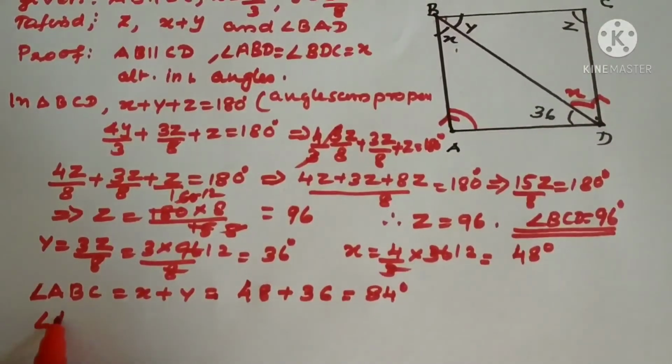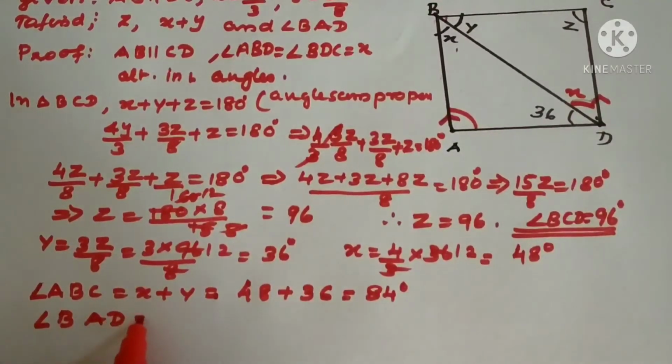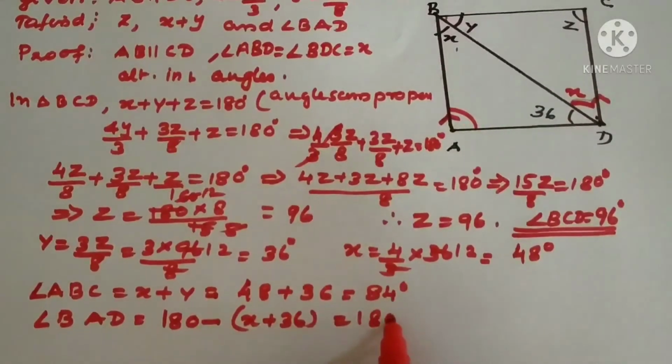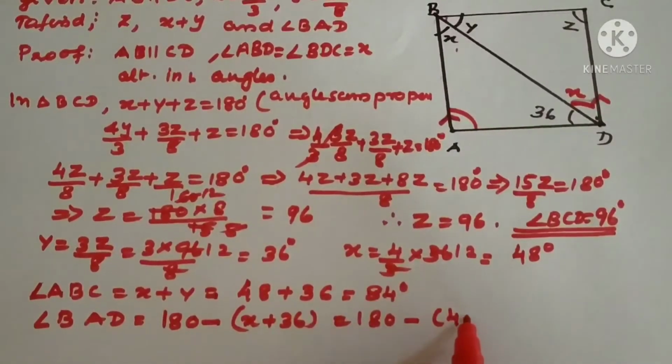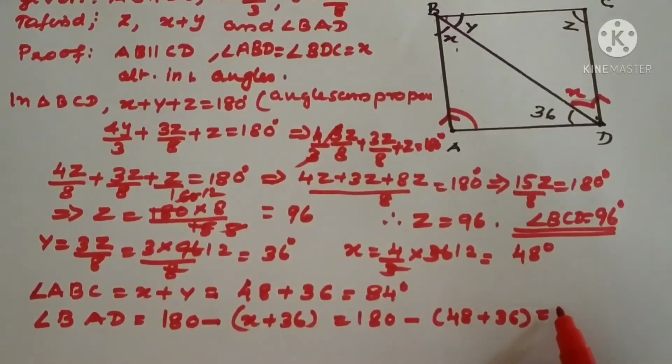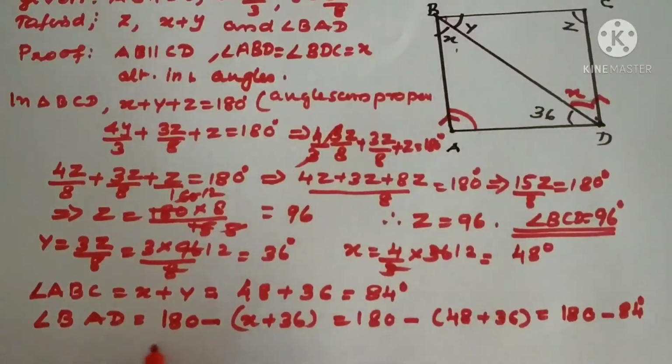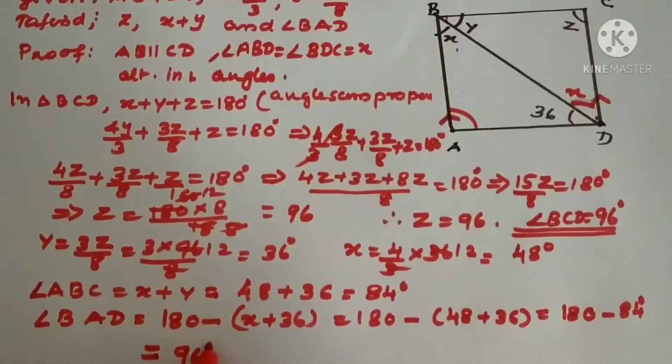Now angle BAD. Angle BAD means angle sum property we should apply. That means angle BAD equal to 180 minus x plus y, 180 minus 84, equal to 96.